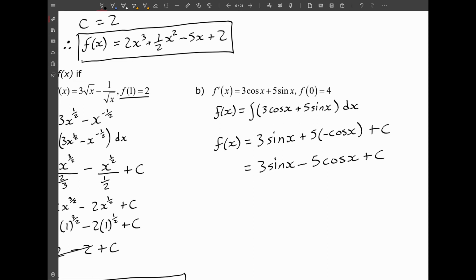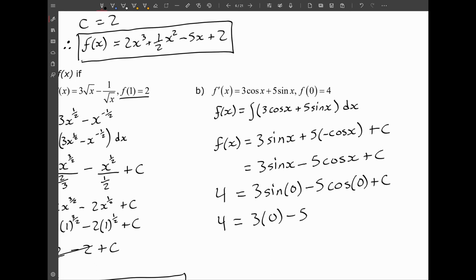But we have some conditions. X is 0 and y is 4. So we get 4 is equal to 3 sine of 0 minus 5 cosine of 0 plus c. But sine of 0 is just 0. So it's going to be 3 times 0 minus 5 times 1 plus c.